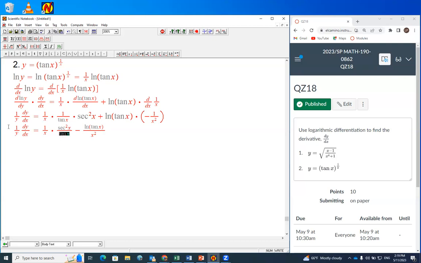Because tangent x, let me write one more step. Tangent x equals sine x over cosine x. Secant squared is 1 over cosine squared x. And this is cosine squared x, and this is cosine x right here.